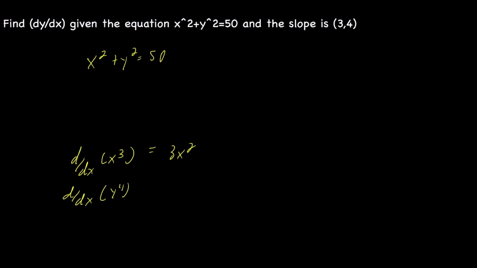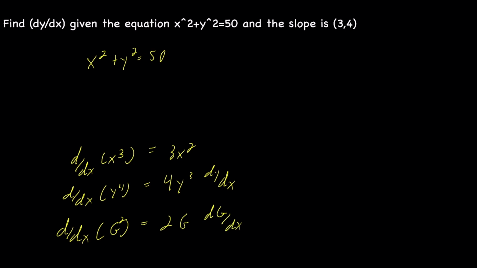We still have to apply the power rule to y, but we have to leave in the dy/dx expression. And if it's some other variable, we still apply the power rule, and you'll notice there is no other expression for 3x squared, and that's because it's dx over dx, compared to dy over dx.